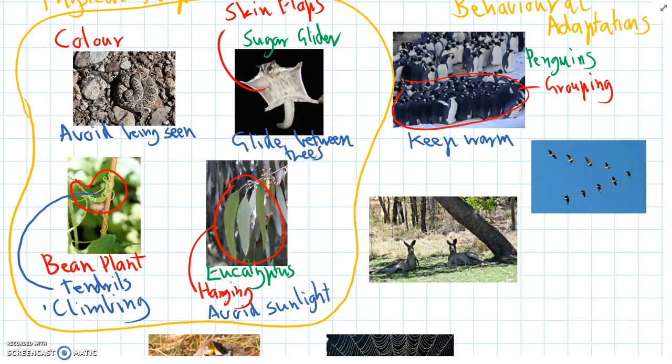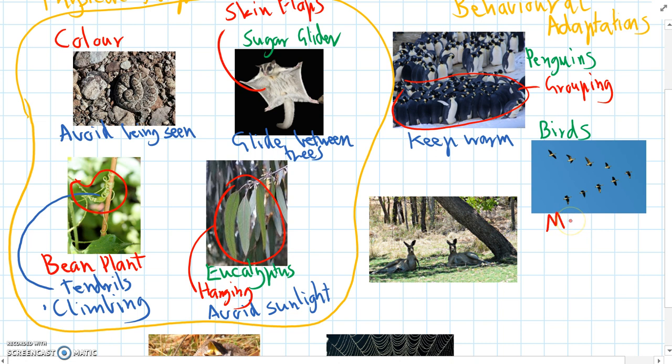The next one we have is migration. So lots of different bird species migrate, which means when the winter is about to come, they fly to a different part of the world where it's still warmer or it's summer even.